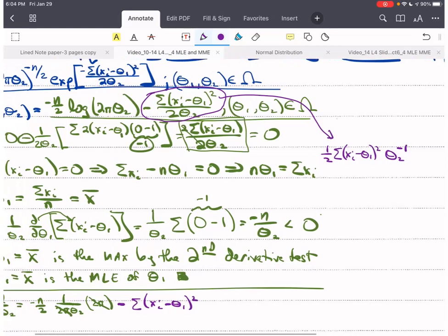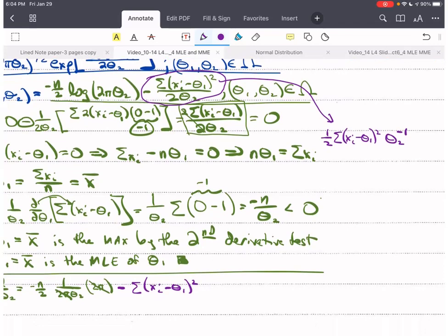So that's how I like to write it if I'm going to take the derivative. So I have a 1/2 out here. So I have minus 1/2, and then I have the sum of xi minus theta 1 quantity squared. And then I take the derivative of this, and I have a negative theta 2 to the negative 2. Okay.